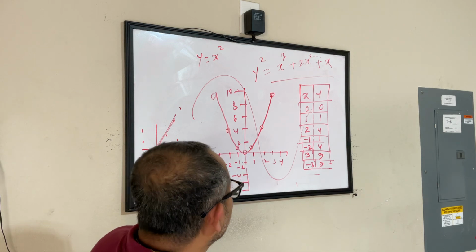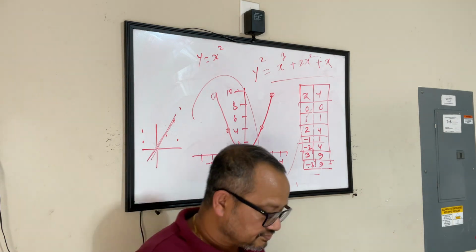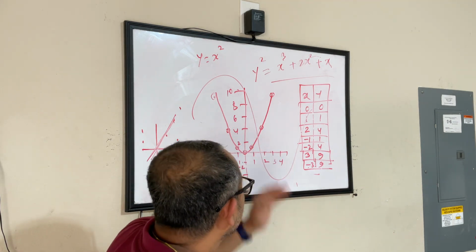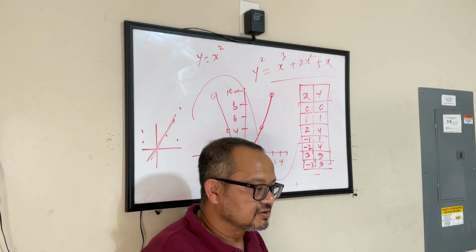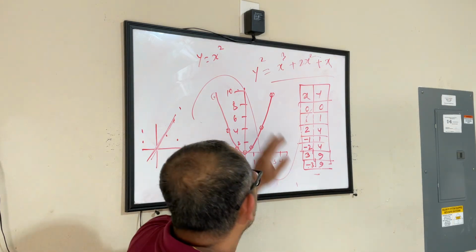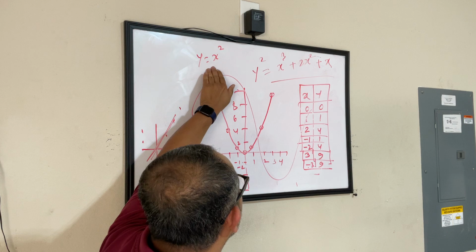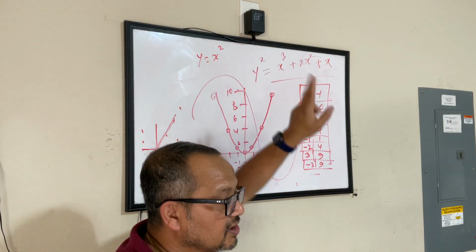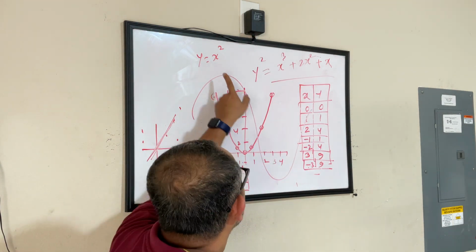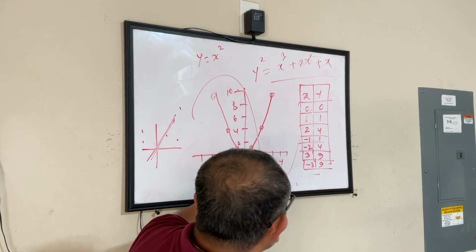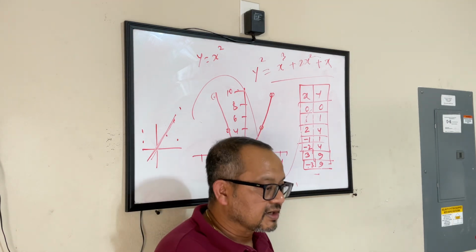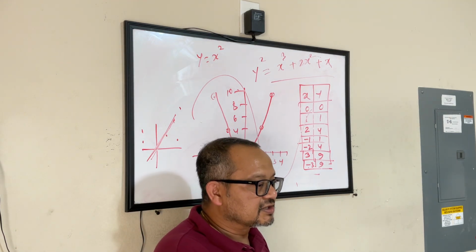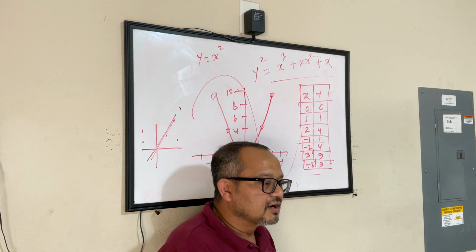So this is one flavor that we are coming across, and this inverted bucket is called parabola. So when you have a quadratic equation, meaning an equation where the maximum power of the variable is 2, you will end up drawing something like this. It is called a parabola.